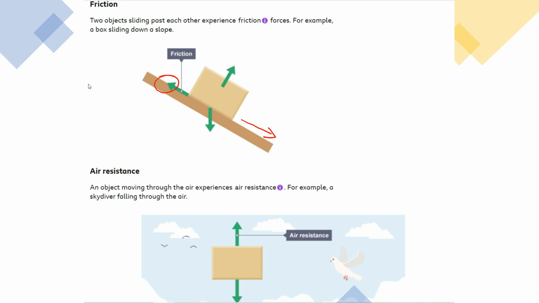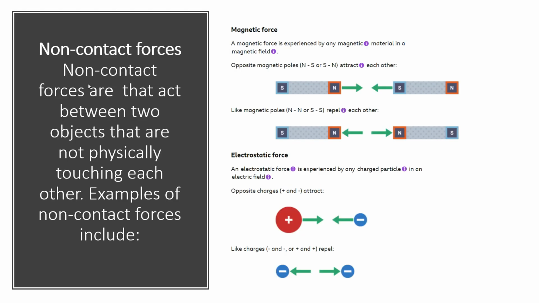We must have wondered, there is nothing pulling me back, so what is resisting me? That is called air resistance. That also comes under a contact force, because the air is in contact, but we can't see it.